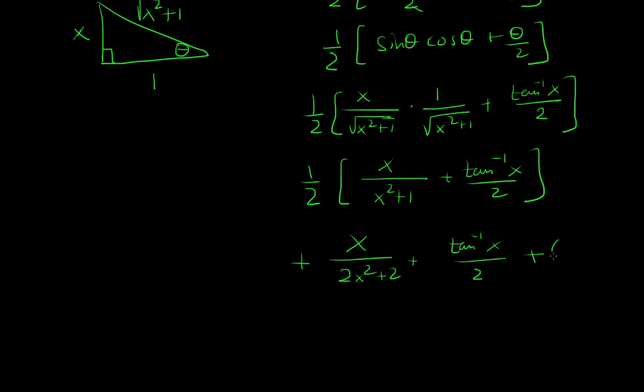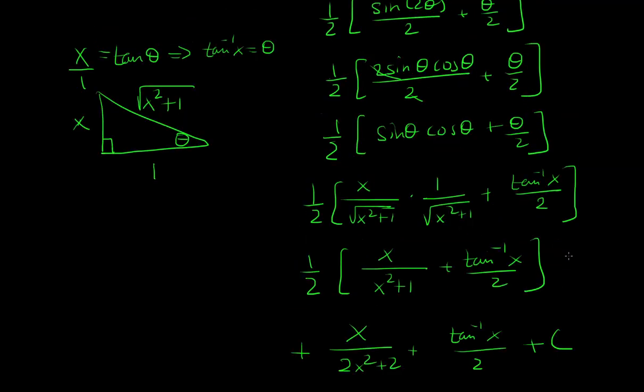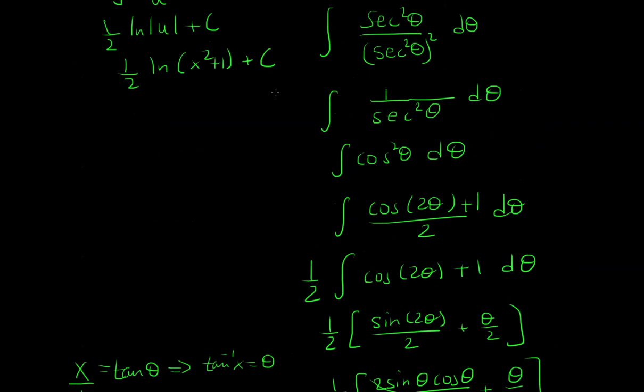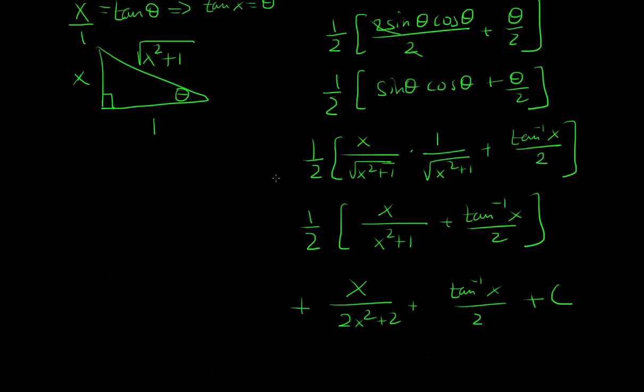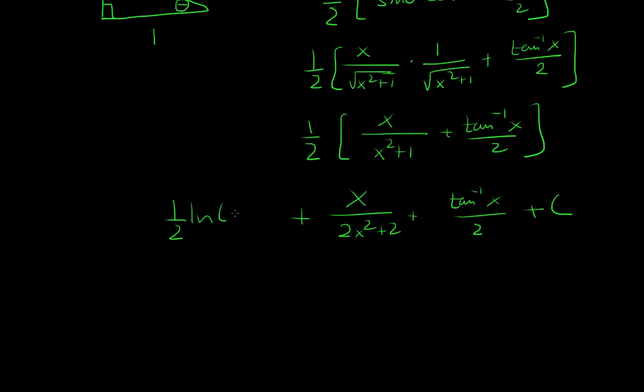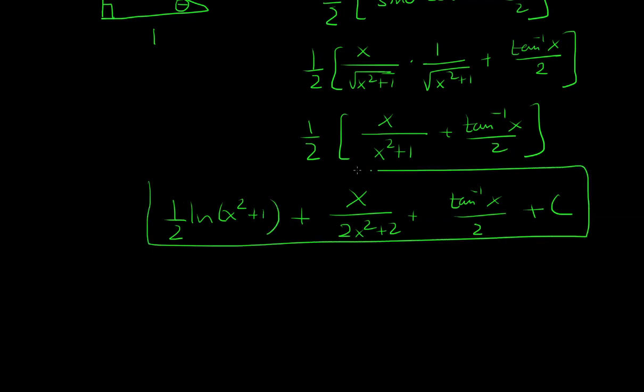And then obviously we'll include the plus c. But the plus c, we would grab it from this one since we already have it. And so we'll have 1/2 ln of x squared plus 1. Okay, so this will be our final answer.